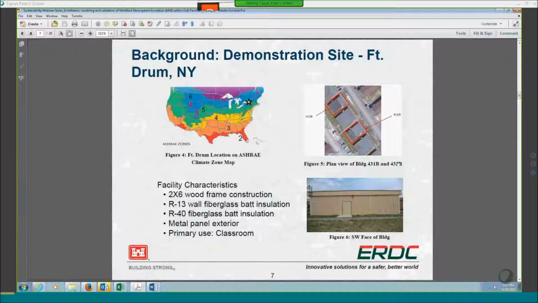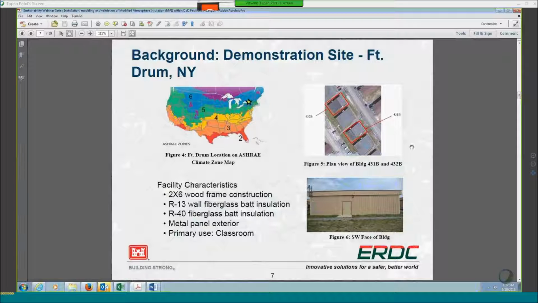These panels are covered with almost like a non-permeable membrane, and so what that means is in warm climates with the humidity, we could have some unwanted effects with moisture migration. And so up in Fort Drum, it's pretty dry, it's pretty cold, and so that was one thing we knew we needed to avoid.